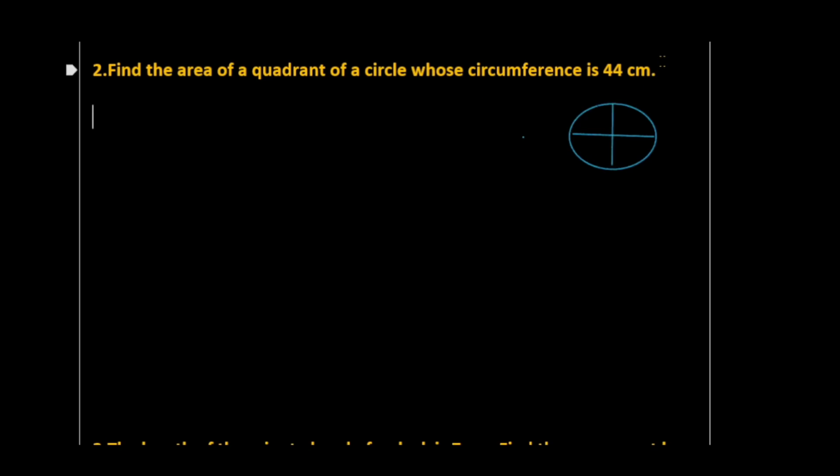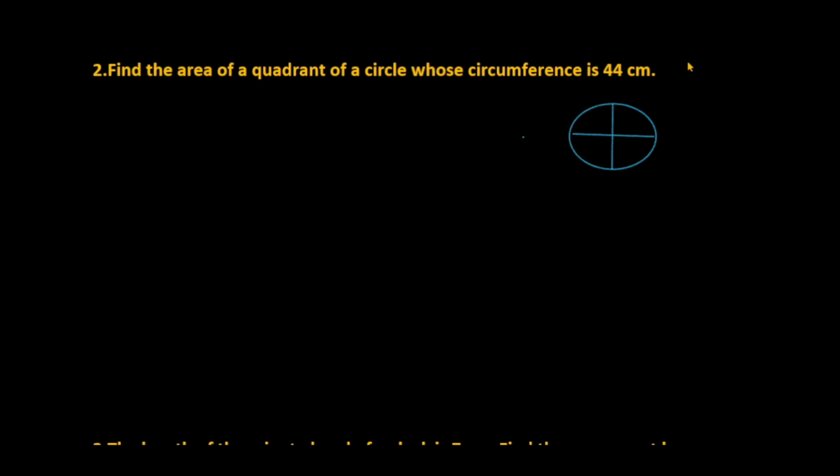Now you know area of the circle. Area of the circle pi r squared. So area of the quadrant is 1/4 of pi r squared, because this is center O, means the total area of the circle is pi r squared. So quadrant area pi r squared by 4. 1/4 of area of the circle is area of the quadrant.